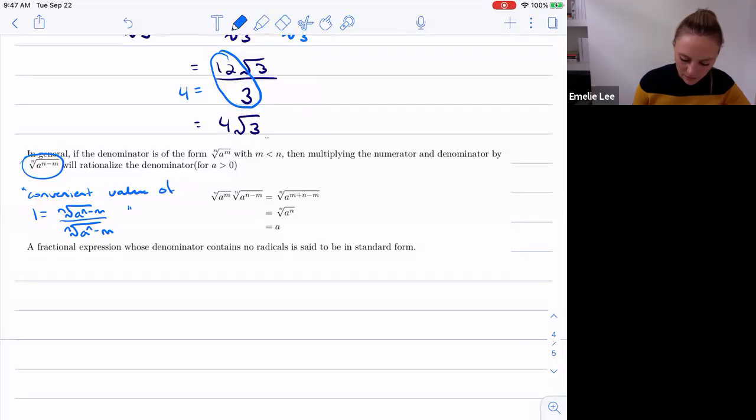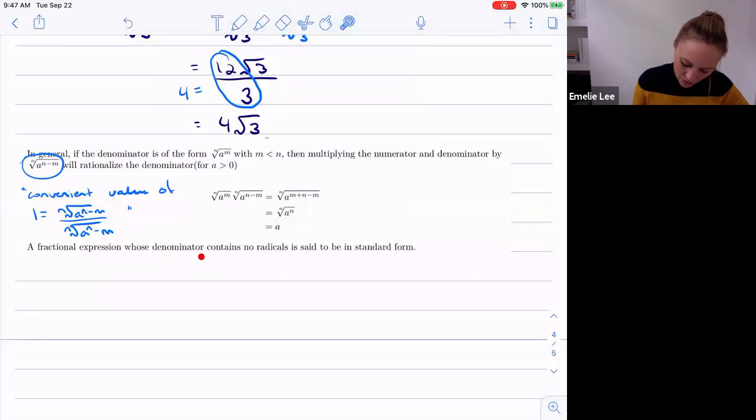And here, this is the reason why, right? If I have the nth root of a to the m times the nth root of a to the n minus m, I can combine these so that they're all under the nth root. And then I have the same base, a, which means that I can add these exponents, so a to the m plus n minus m. m plus n minus m puts me at just n, right? So now I've got the nth root of a to the n, which we know is a.